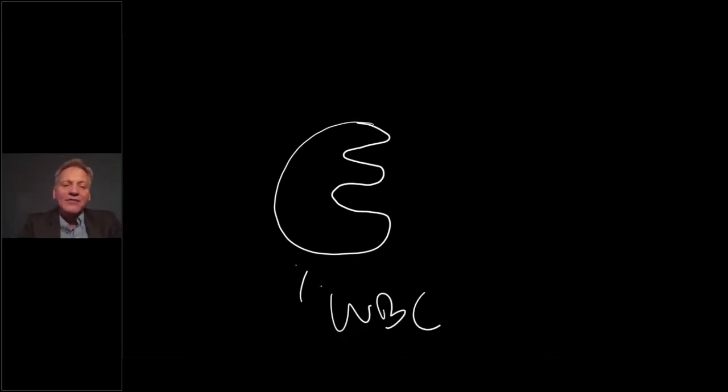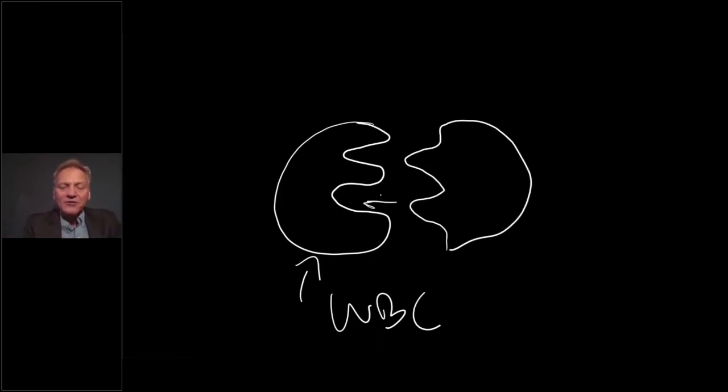Let's say, for instance, I'm going to draw something just random here. So let's say that I have a molecule that looks like this. Well, the white blood cells have decided they don't like that. They say that's foreign, you're not supposed to be here. And so what it will do is build an antibody that will fit right into there like a lock and groove, a tongue and groove, if you will, and it'll lock.